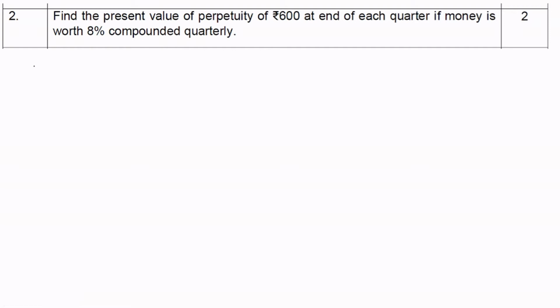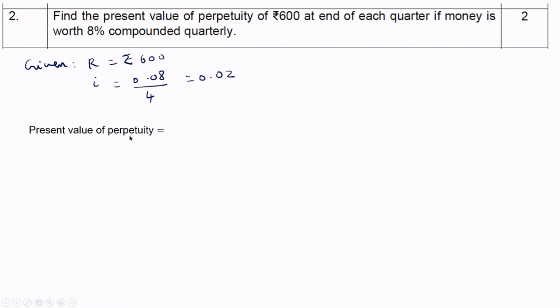So here given R is equal to rupees 600 and i is equal to 0.08 upon 4. So it is 0.02, where i is the rate per period.